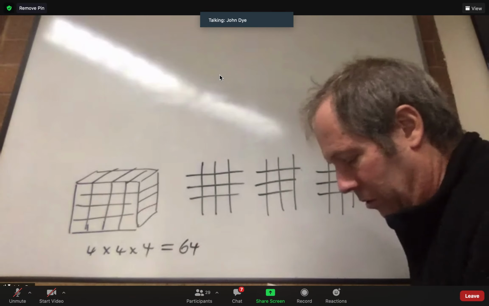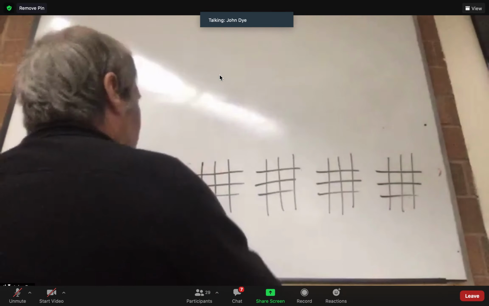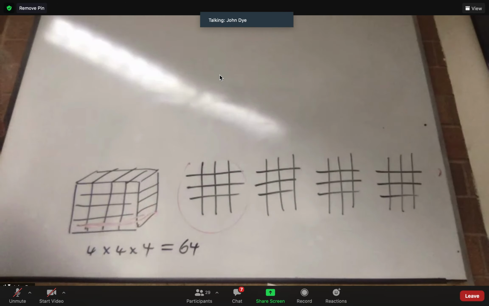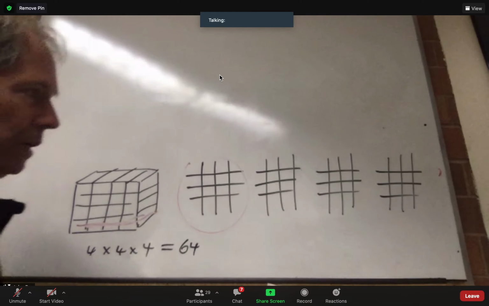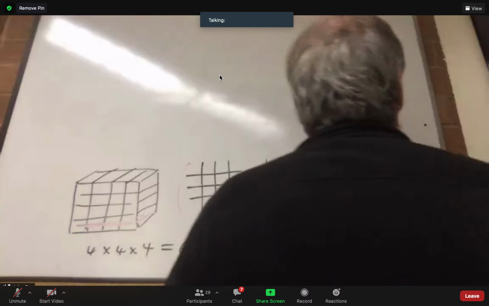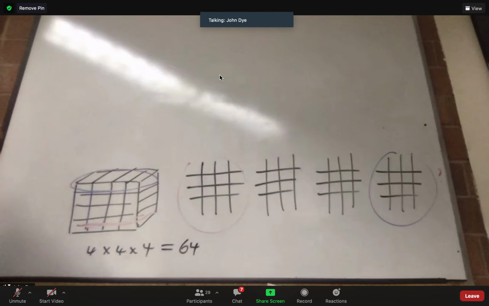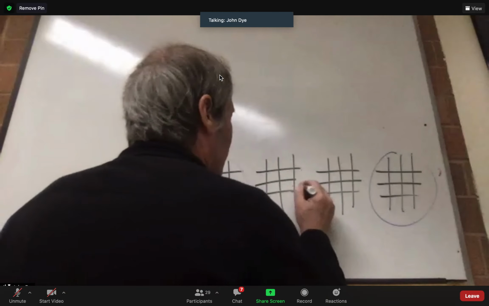To explain, this one right here would correspond to that face on the bottom. And this one here would correspond to the top. So this horizontal 4 by 4 that's on the top. Sometimes this helps to analyze problems like this.